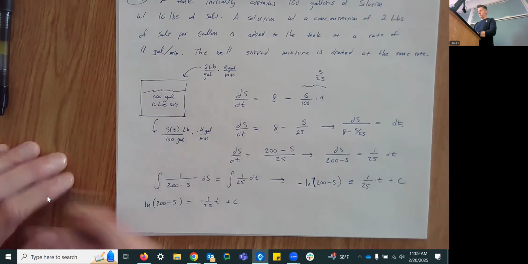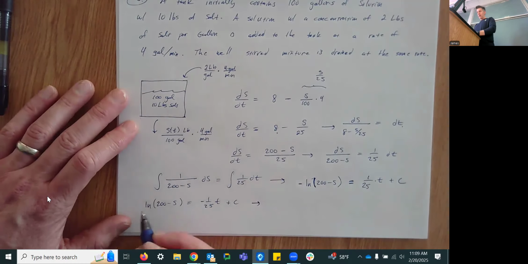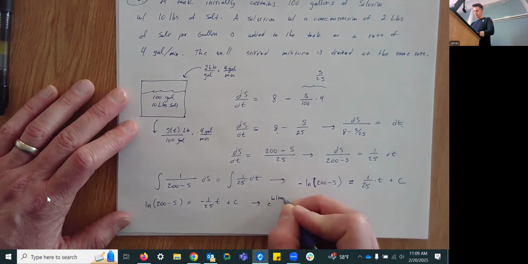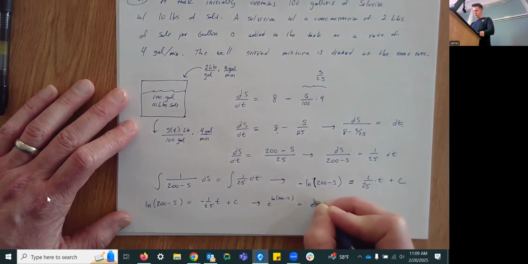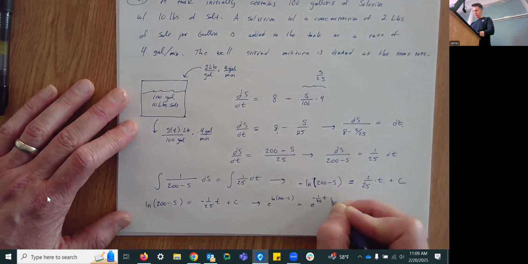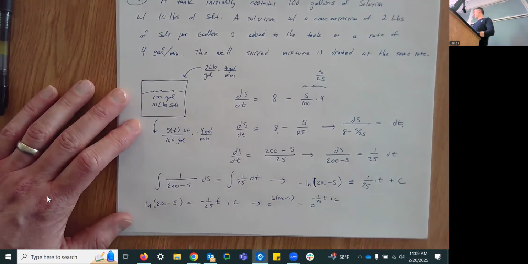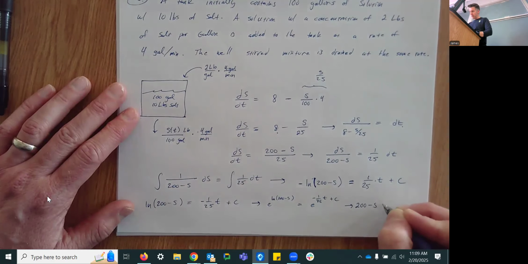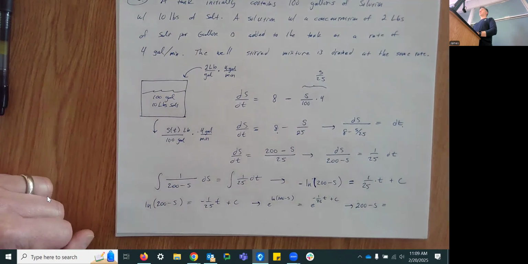Now we're going to exponentiate both sides. We're going to get e to the natural log of 200 minus s equal to e to the -1/25t plus c. Simplifying both sides, the left-hand side, we get 200 minus s. The right-hand side, I really don't like writing out these steps twice.